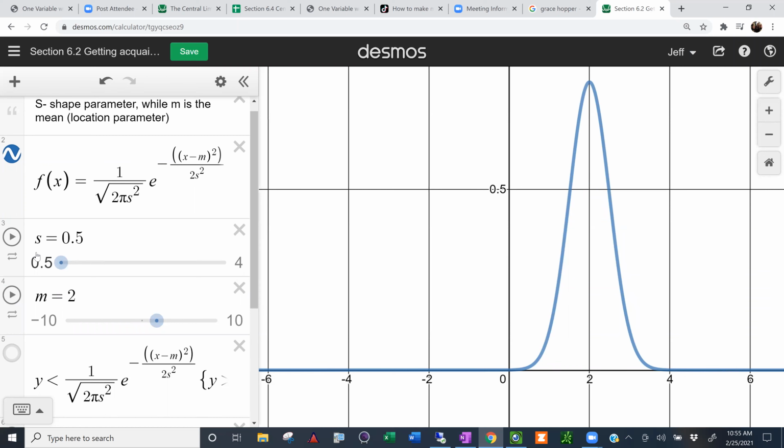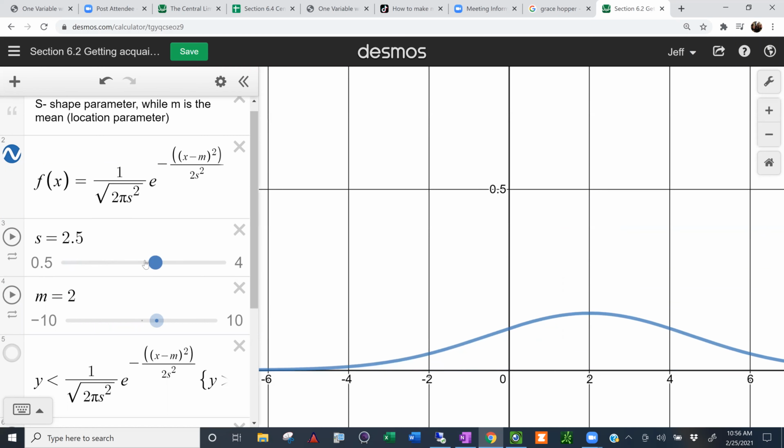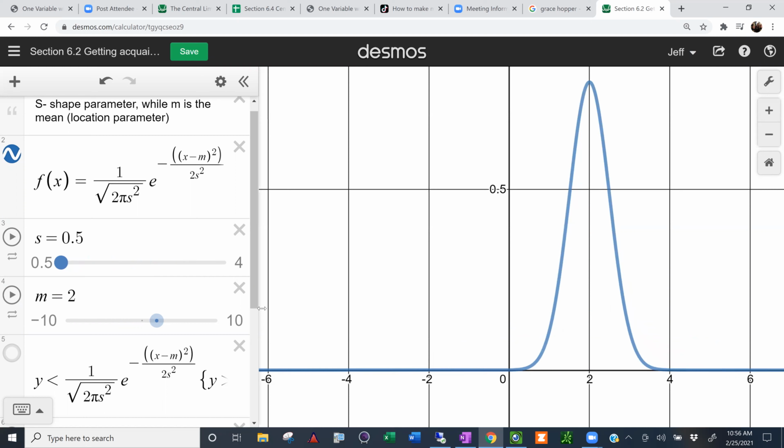I'm taking a sample. By taking larger and larger samples, I'm decreasing the standard deviation, and I'm more and more likely to get a value close to the population mean just because I'm taking a large enough sample size. That's a good thing. I want to know what the population mean is. I take a larger sample size, and I'm bound to get something close to the population mean.